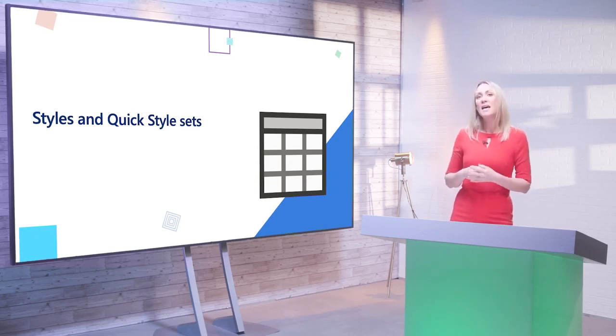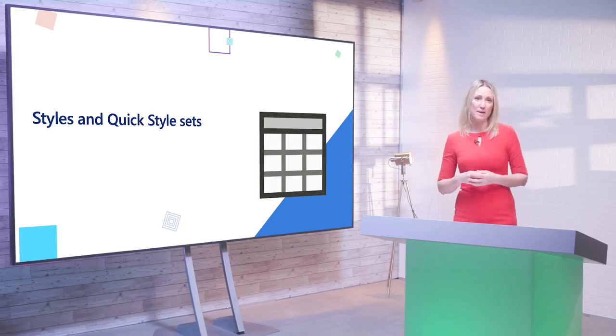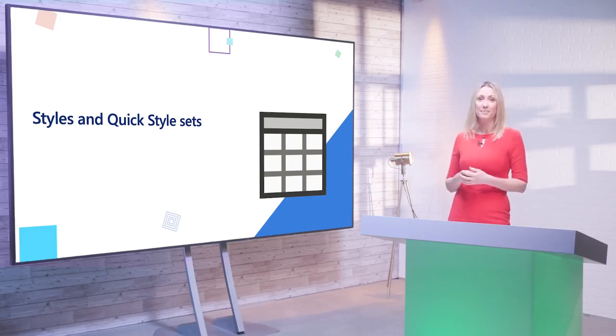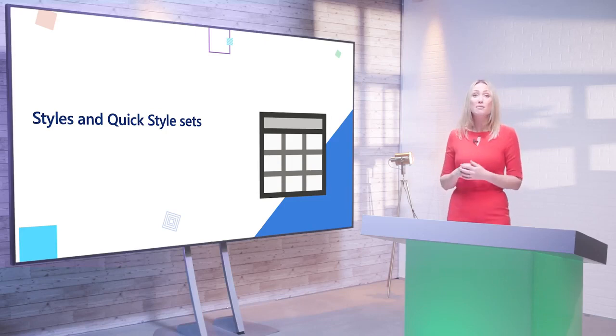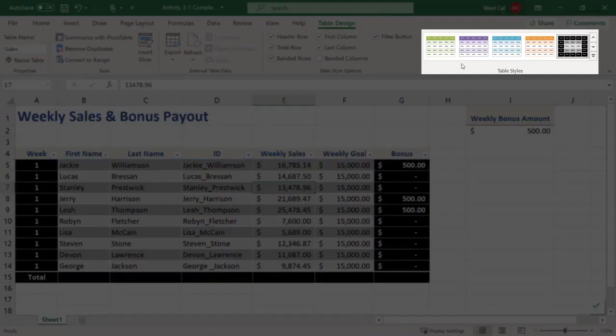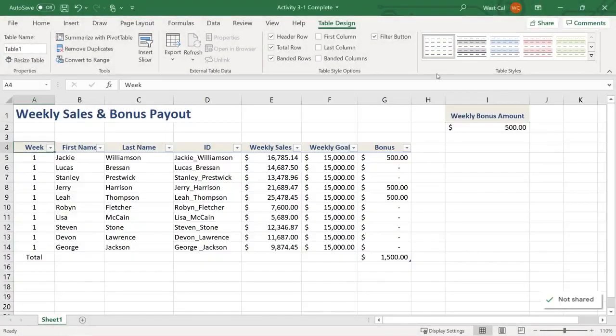Similar to cell styles, table styles are pre-configured formatting options that can be applied to tables. With table styles, you can quickly apply a splash of color to your tables and in some cases enhance their readability. While you do have the option of configuring your own table style, you can also select from a variety of pre-configured quick styles. You can find all of these quick styles within the Table Styles group of the Table Design tab.